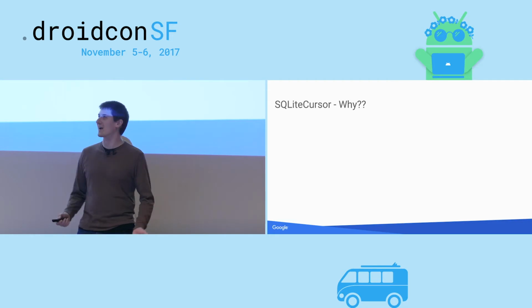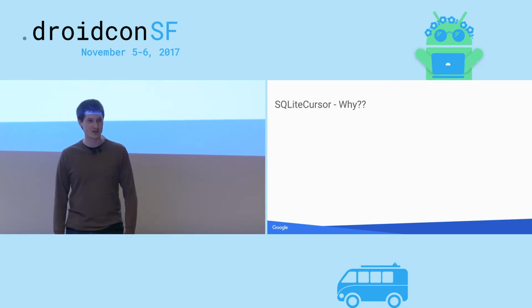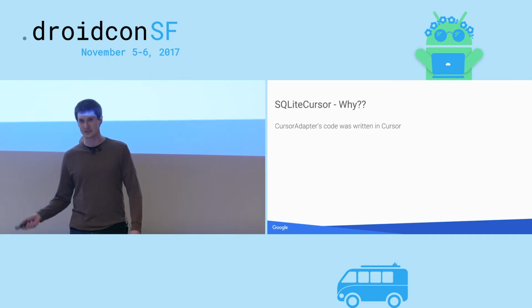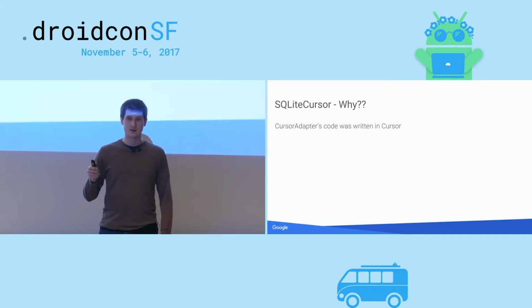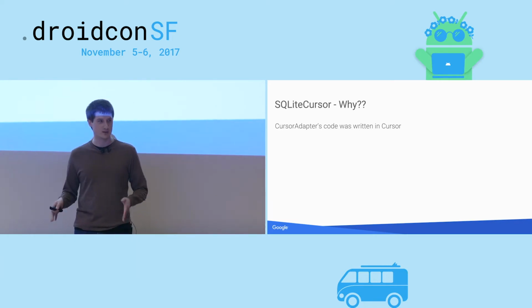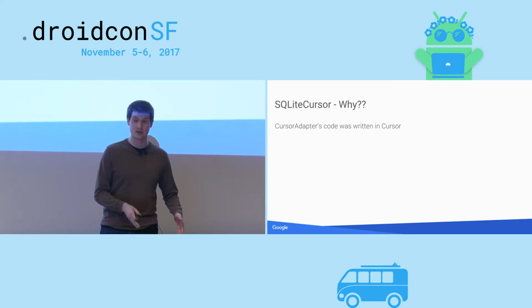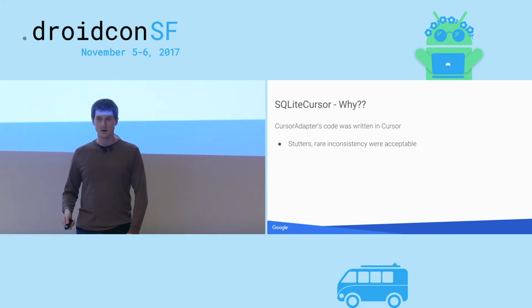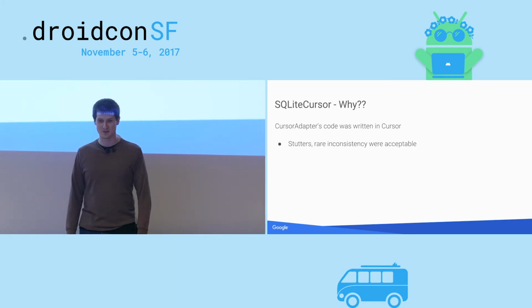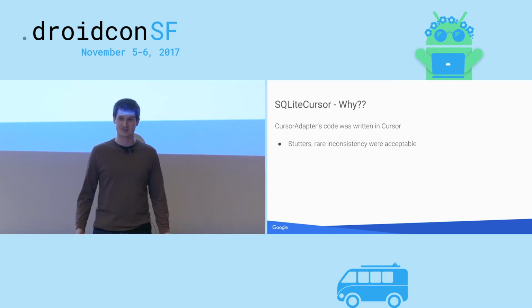So why on earth is SQLite Cursor this weird and this strange? Really, a lot of this is understandable when you frame it as this was written 10 years ago as the implementation of cursor adapter. Cursor has all of these strange behaviors in its paging because this is where the implementation of cursor adapter was. And 10 years ago, we were in a much different app development landscape, shall we say. Stutters and rare inconsistency, like, that's fine. These are just mobile apps.